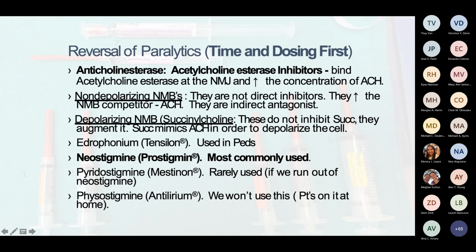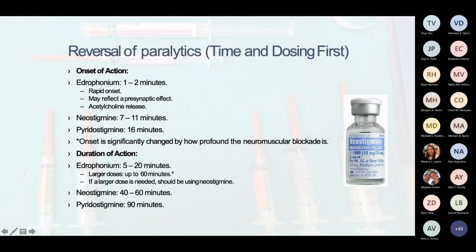So he used it one time, figured out why we don't do it, and stopped using it after that. Other common medications that you may see: edrophonium is used in pediatric patients, but it's not quite as common as neostigmine. And I've never used pyridostigmine at all, so take that with a grain of salt.